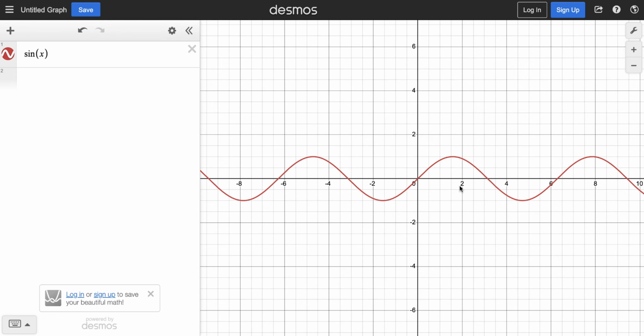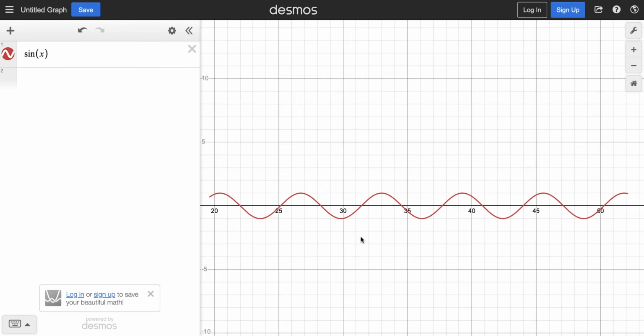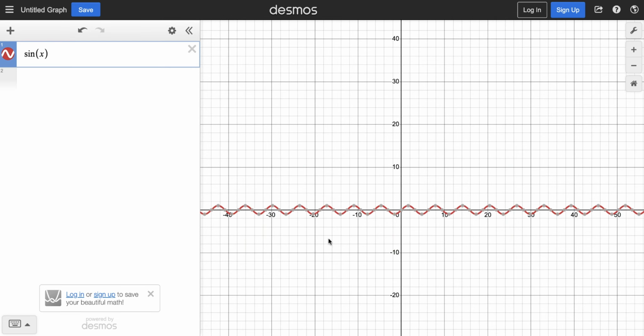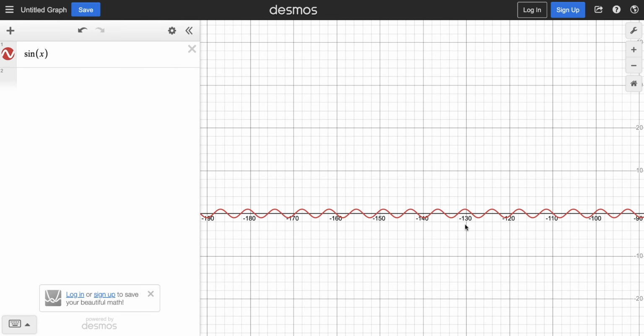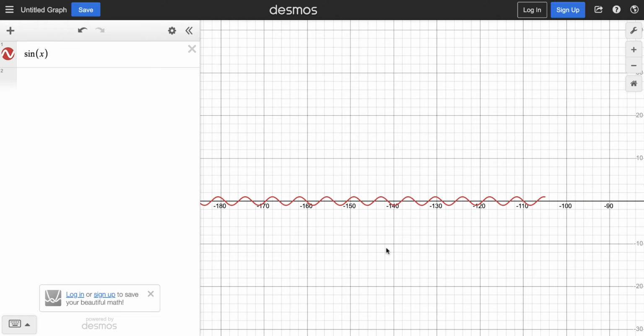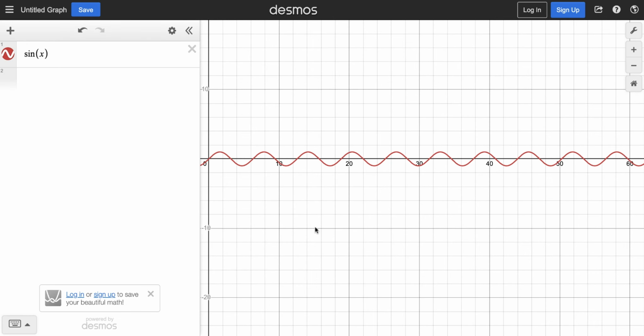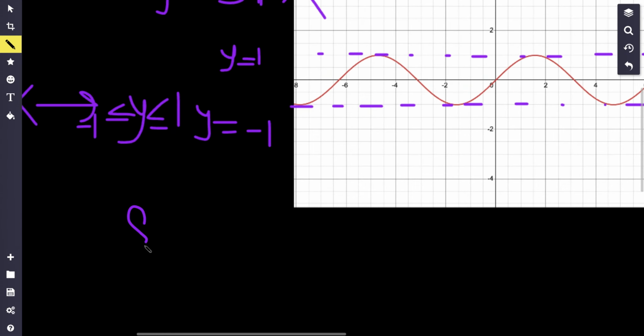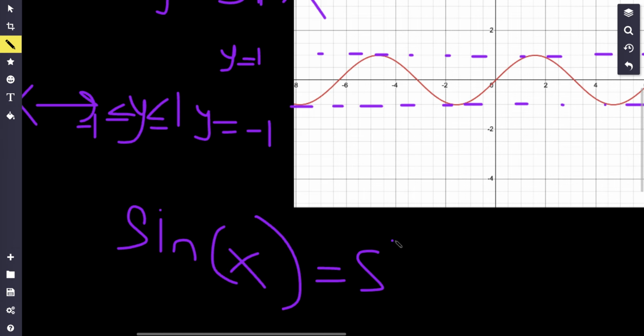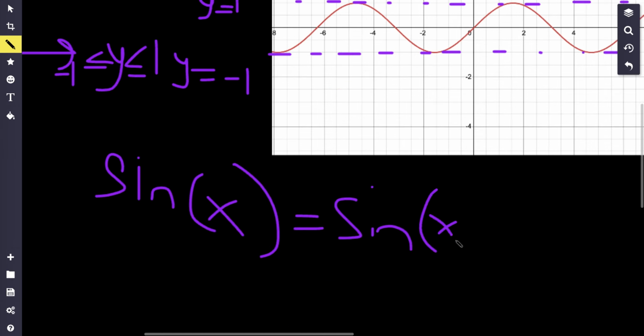If we want to look at all the possible x values for this function, it turns out that this function goes on to infinity. All x values work for this function. That's another important thing to know. And that comes back to the trig identity I talked about before, where sine of x is equal to sine of x plus 360.